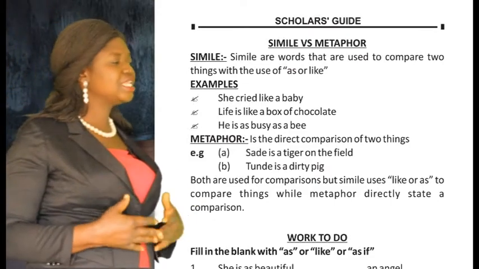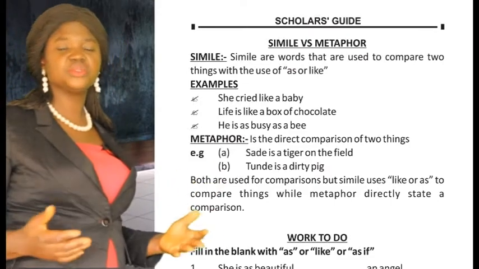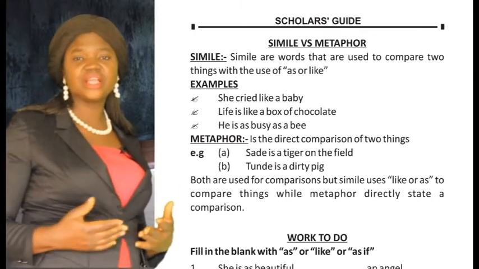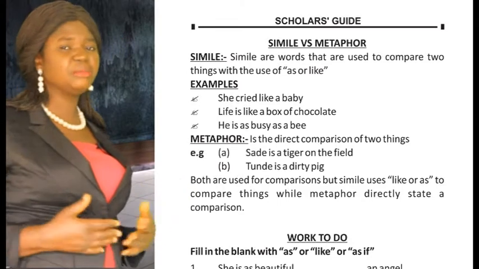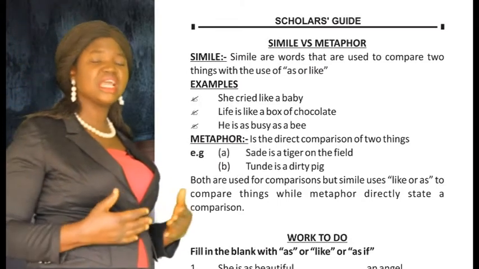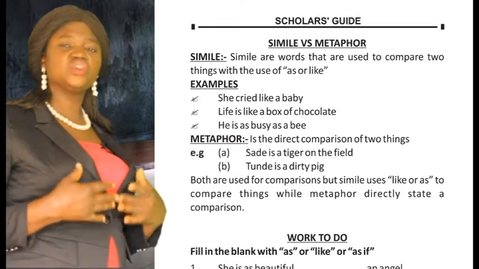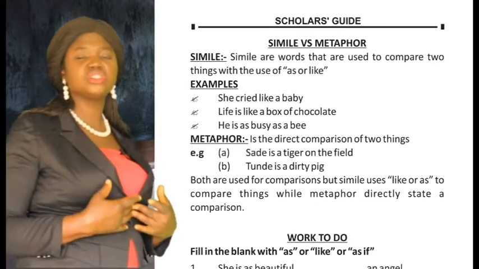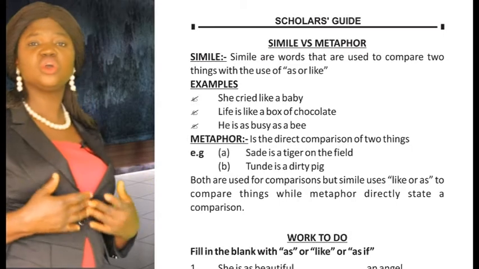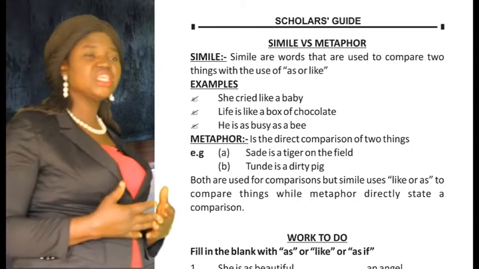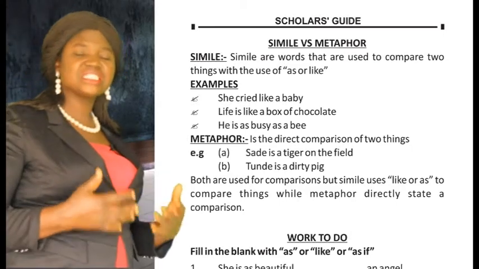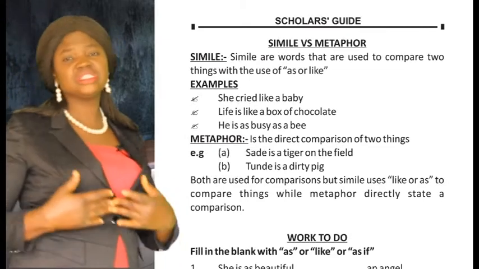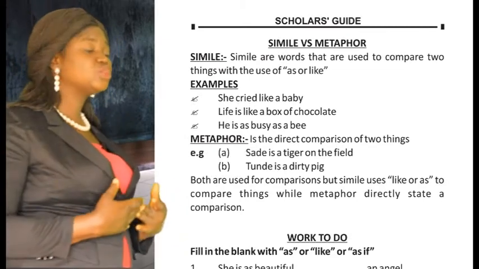Example, Shade is a tiger on the field. Now, we are trying to compare Shade as a tiger. You know, a tiger is a wild animal, and we are not saying that anytime Shade is on the field, maybe she's playing ball or she's playing basketball, she's into any sporting activity on the field, that means she is usually acting like a tiger. So we are trying to compare Shade with tiger, and we are doing that what?